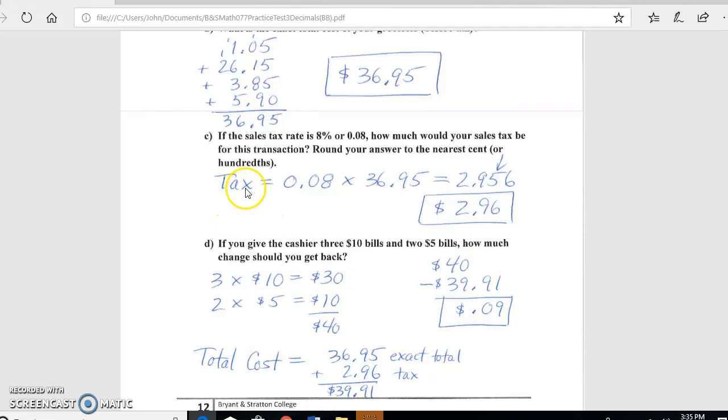So to find the tax, we're going to take the decimal number 0.08 as it's given to us here and multiply times the exact cost from letter B. And you are able to use your calculator on this part of the test, and when you do this multiplication, this is what you should find on your calculator.